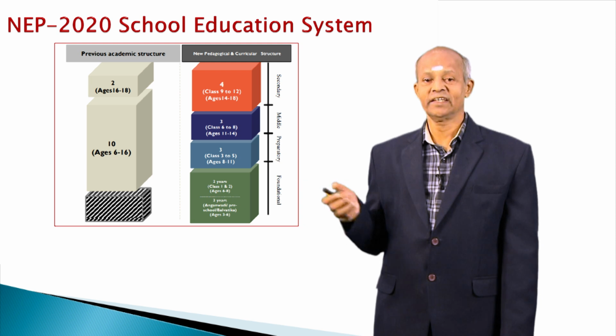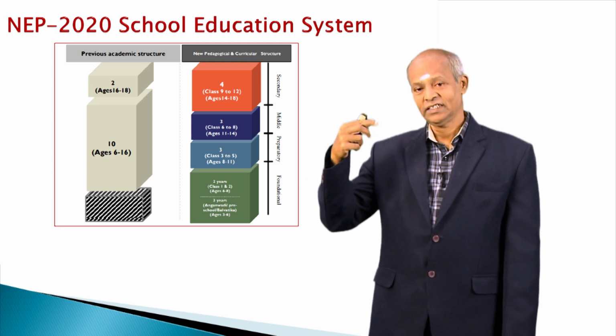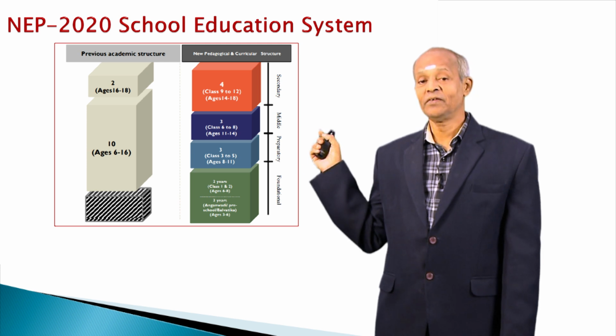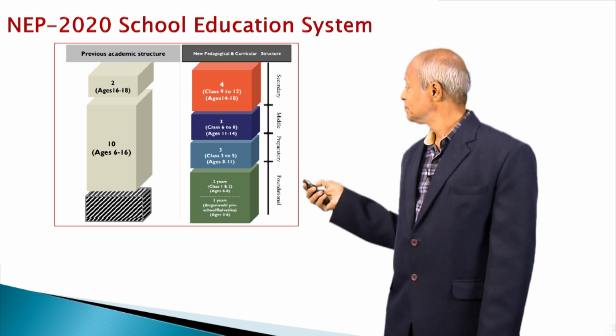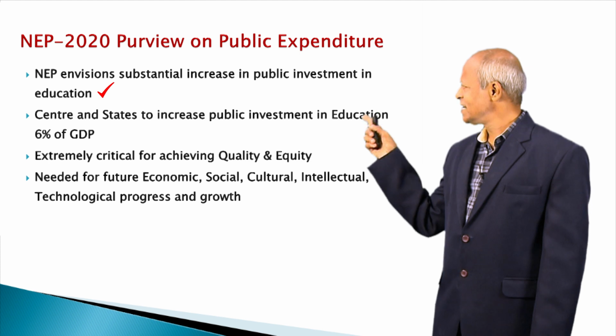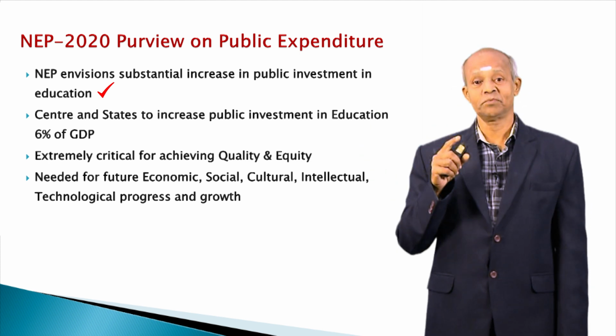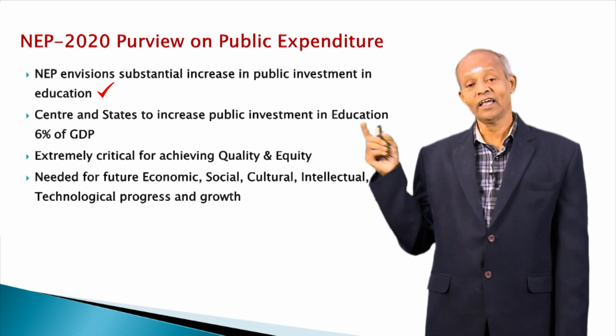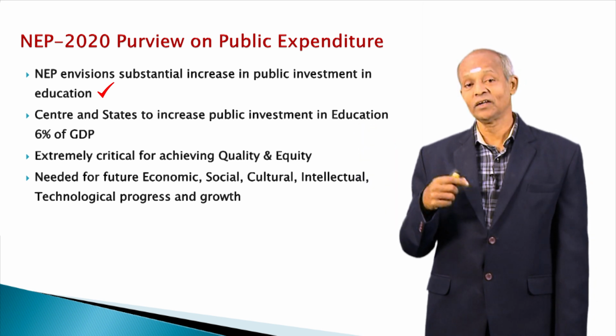So, these are the various stages in the education system, and each one has its own significance. NEP 2020 purview: it envisions a substantial increase in public investment, because with all these characteristics we have seen, they need a lot of finance also.